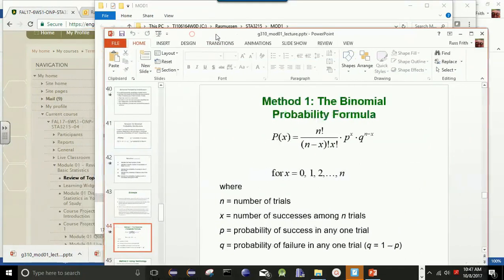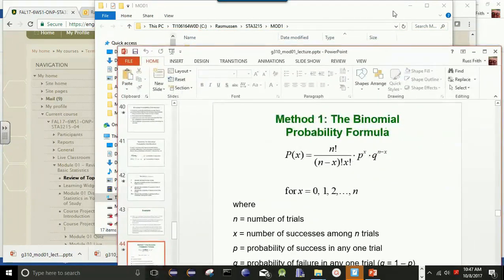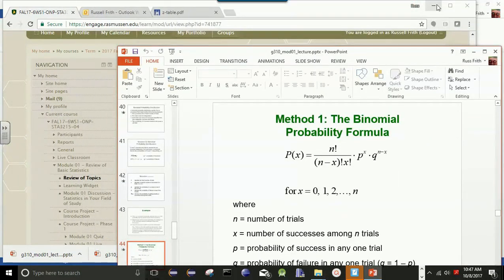P of X equals N. Let me explain on my whiteboard how this works.